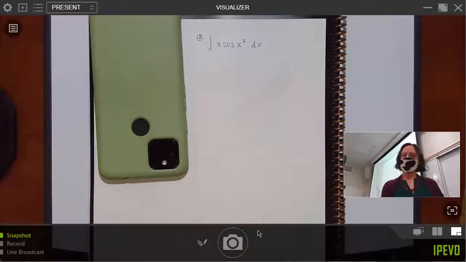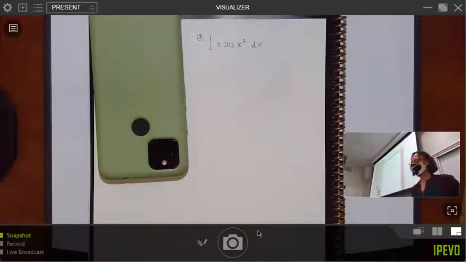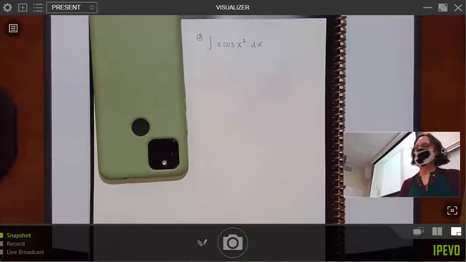What do we think? U sub or integration by parts? Maybe u substitution, because substituting the first x, we got 1, and the integral of cosine squared.